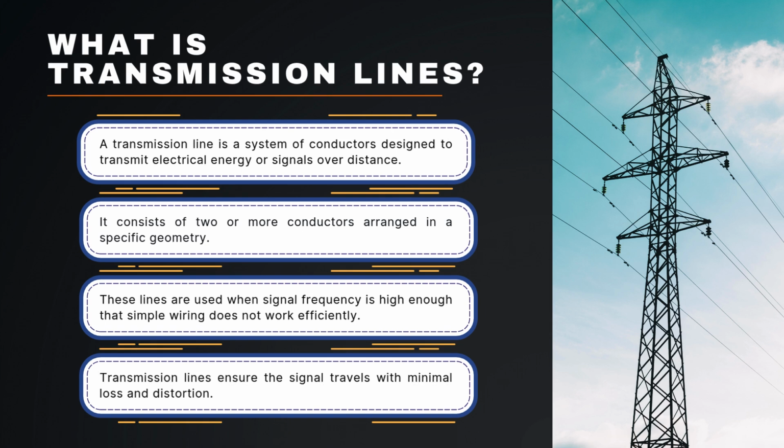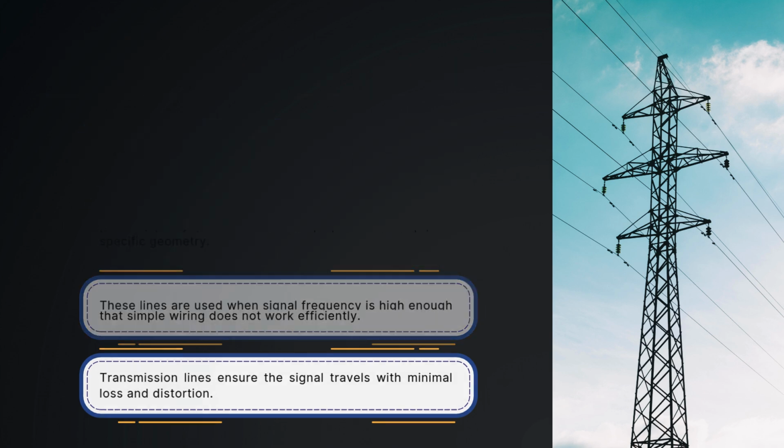The basic requirement of a transmission line is two or more conductors arranged in a specific geometry. One conductor carries the signal and the other serves as a return path. Transmission lines are essential for high-frequency communication where traditional wiring is no longer effective due to interference and loss.